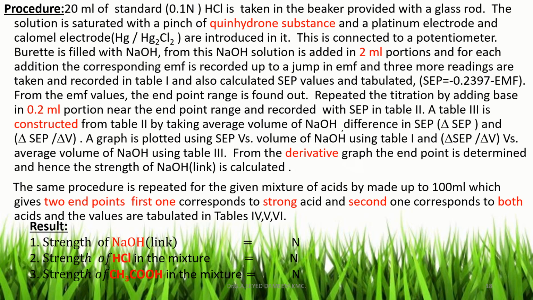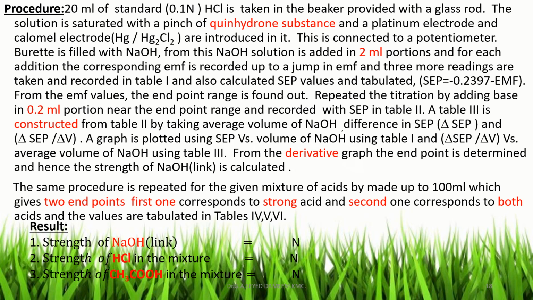The EMF values on addition of 2 ml portions of sodium hydroxide are noted in table 1, and the 0.2 ml additions of sodium hydroxide EMF values are noted in table 2. In both cases, the single electrode potential of the quinhydron electrode is calculated by the formula E equals minus 0.2397 minus EMF, where 0.2397 is the single electrode potential of the calomel electrode.